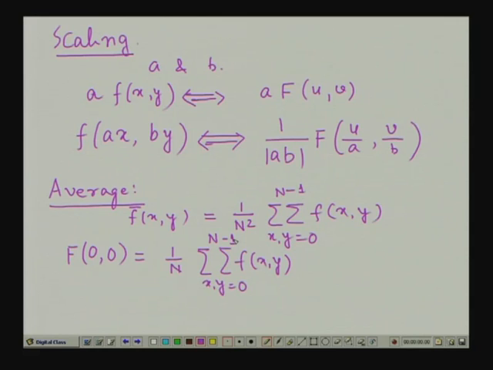So, you find that there is a direct relation between the average of the two dimensional signal f(x,y) and its 0th Fourier coefficient, DFT coefficient.